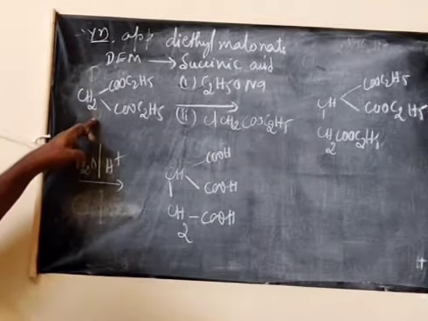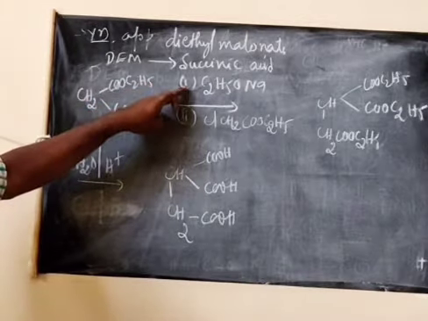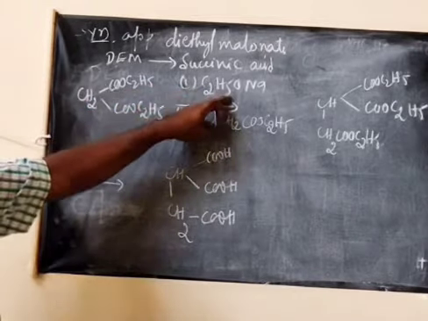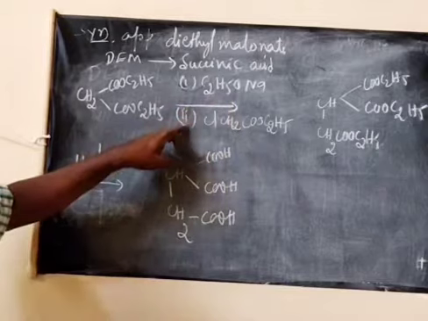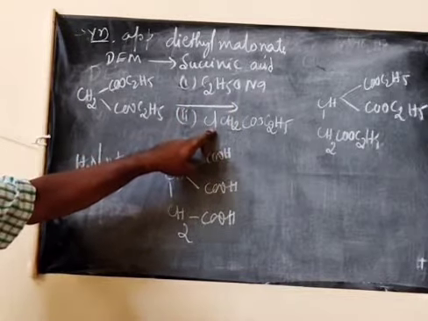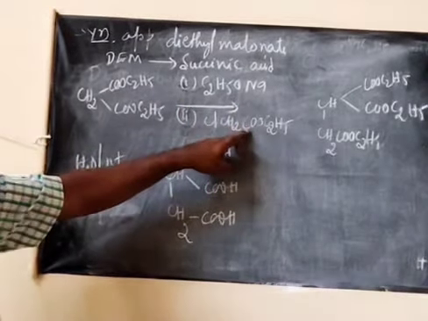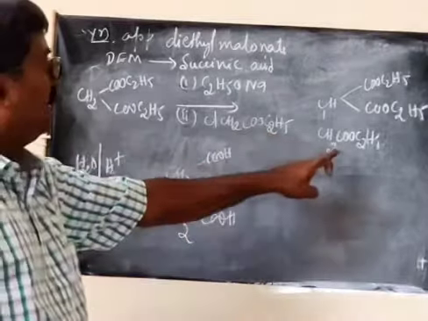Diethyl malonate is treated with sodium ethoxide first and then with chloroethyl acetate. So this intermediate is formed.